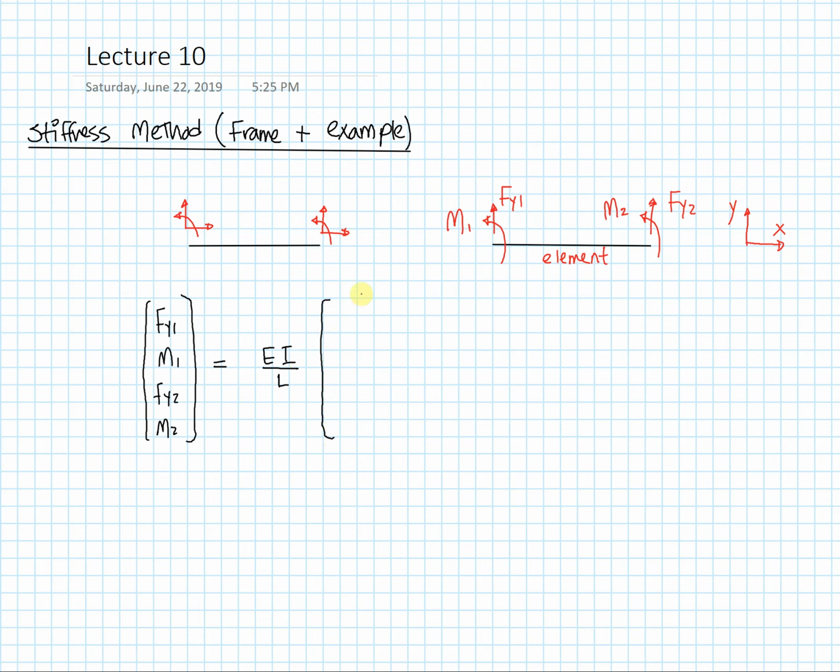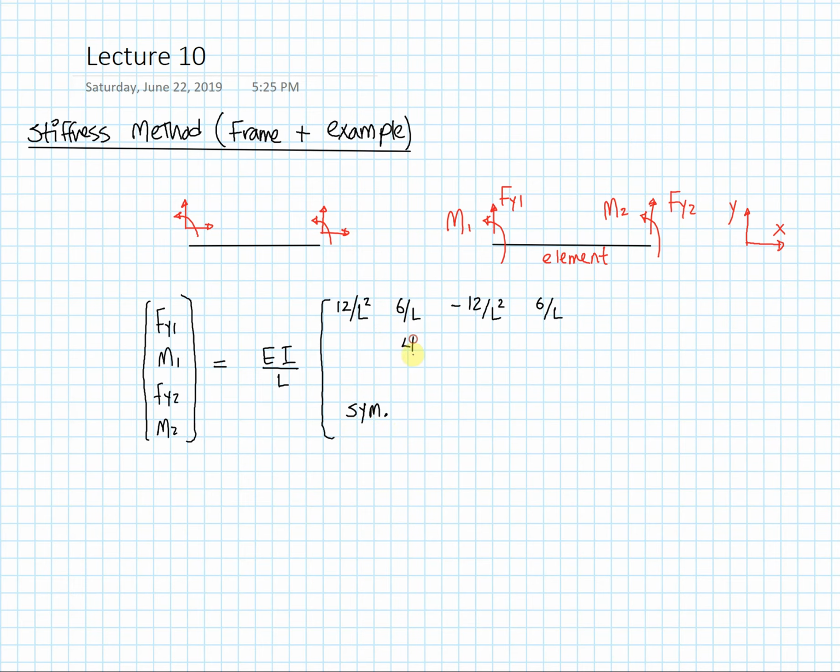And this is what the matrix will look like. We have 12, 6 times L, minus 12, and 6 times L. This matrix is going to be symmetric, so I'll put a symmetric symbol down here.